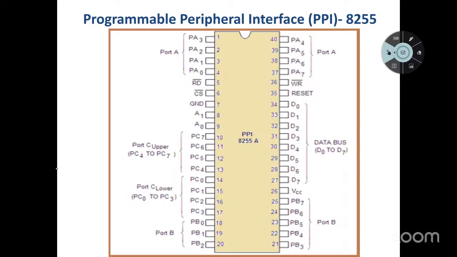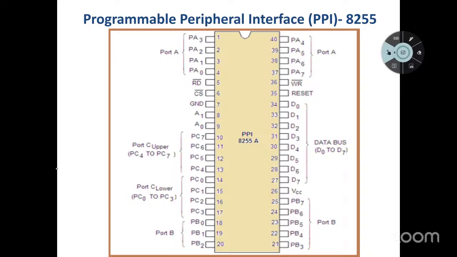So now chip select. Whenever you are enabling this chip select pin, the processor is recognizing the 8255 PPI. If this one is disabled, then the processor will ignore it even though the connection is there. Only if enabled, the processor will recognize and give service to this 8255 PPI. Otherwise, no service.